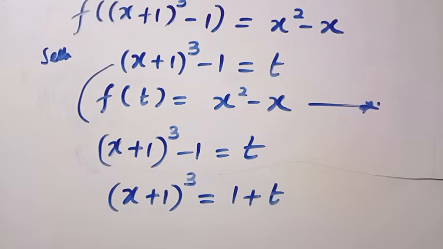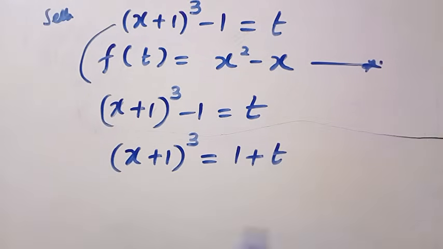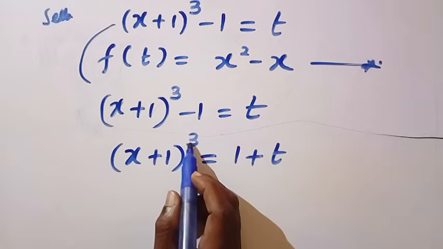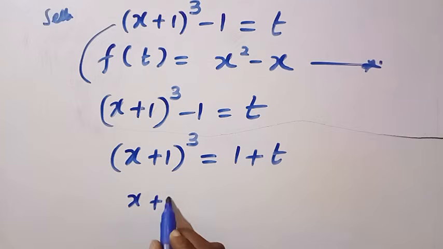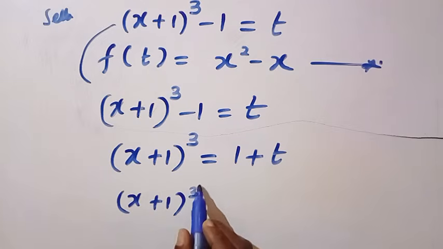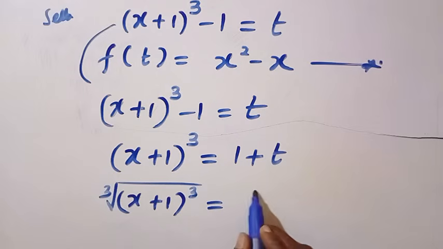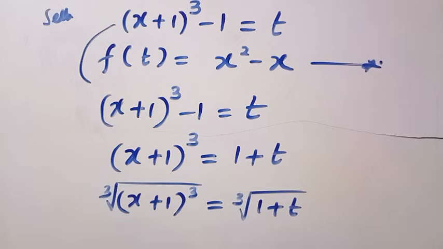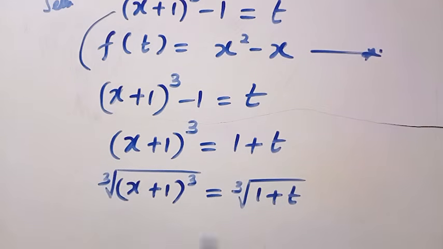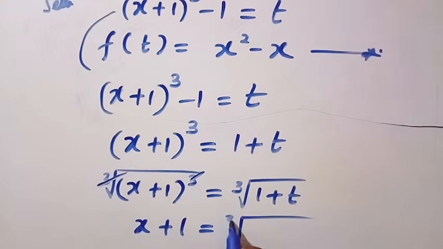Then we take the cube root of both sides to eliminate the cube, so x plus 1 equals the cube root of 1 plus t.